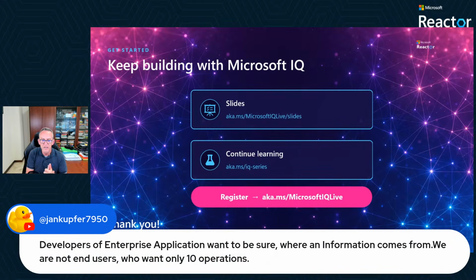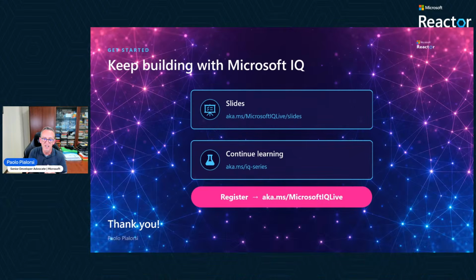Developers of enterprise applications want to be sure where information comes from. We are not end users, we want only tool operations. Okay, that's feedback. We can definitely share it with the product group. Thank you for sharing it. And of course, we value all of your feedback.